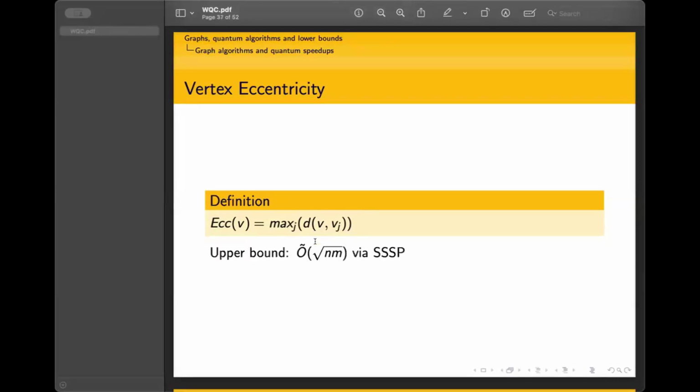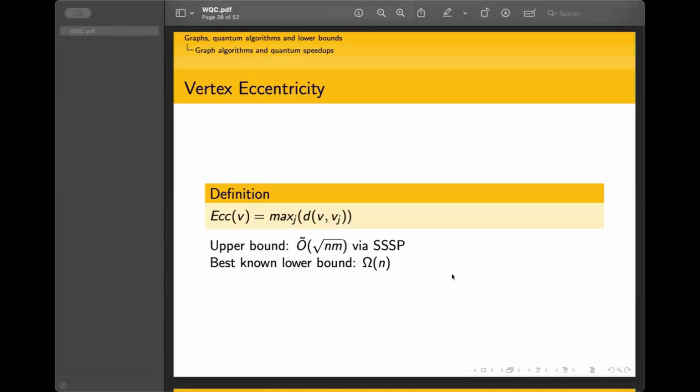Quantumly you solve that via the SSSP problem with some post-processing. You solve all shortest paths from the vertex, then find the path with maximal length and output the result.